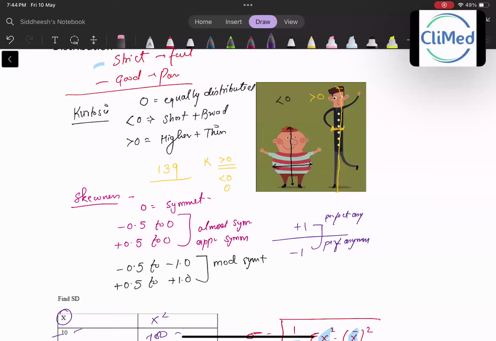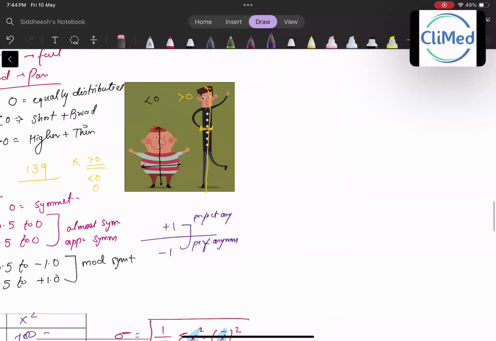Skewness is nothing but a data distribution. How much data is spread from the mean value? Suppose in this class we are getting an average age of around 19, plus or minus, and we are getting skewness of around plus 1.0. This indicates that the data is not symmetrically arranged.